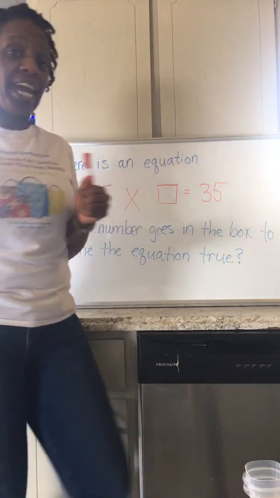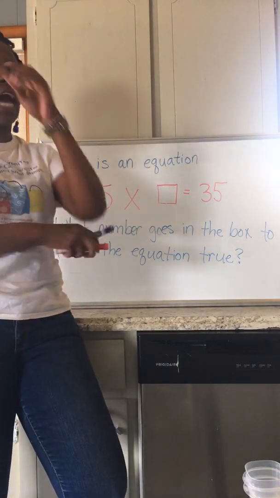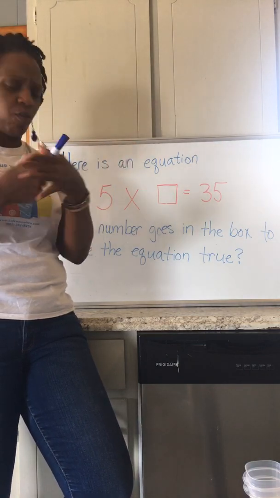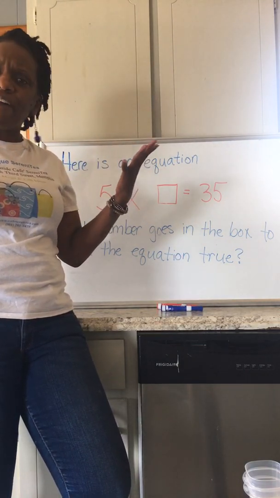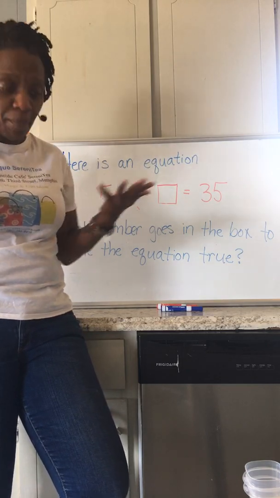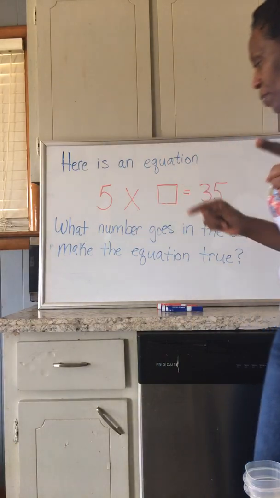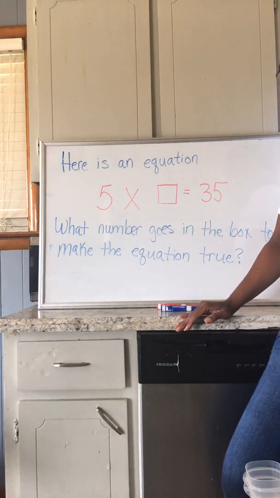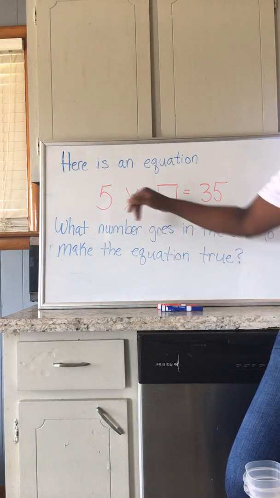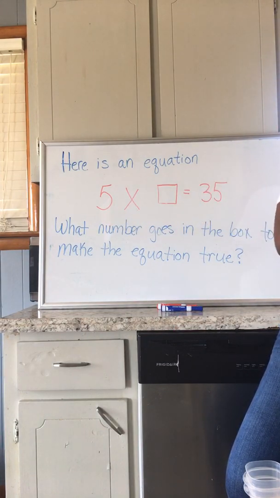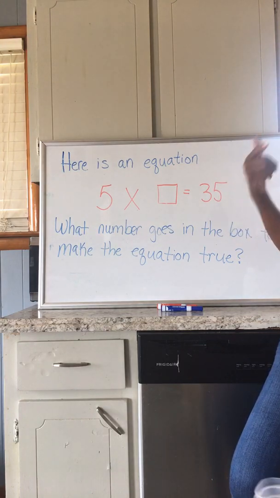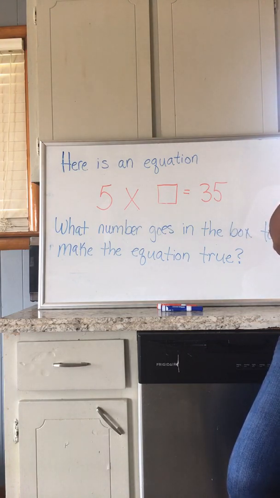5 times x. If I know my multiplication facts, I can say 5, 10, 15, 20, 25, 30, 35. How many times did I count by 5 to get to 35? That's also the answer that goes in the box. Or if I know my multiplication facts, I also know my division facts. If I look at 5 and 35, what relationship do they have?